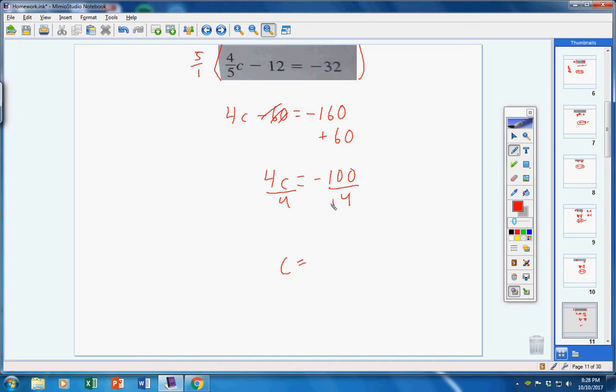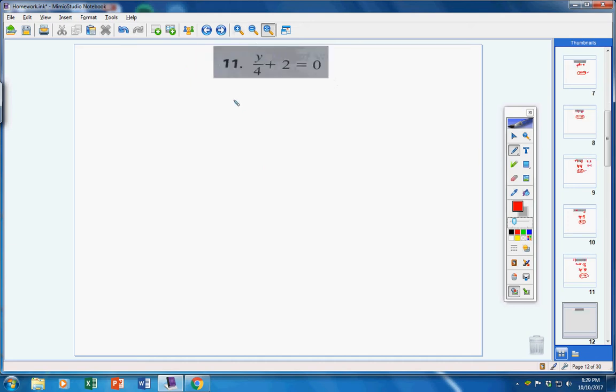Negative divided by a positive is negative. 100 divided by 4 is 25. So your answer is negative 25. And trust me, if you put negative 25 in for c, you would get negative 20, negative 12, which is negative 32. Alright, number 11.